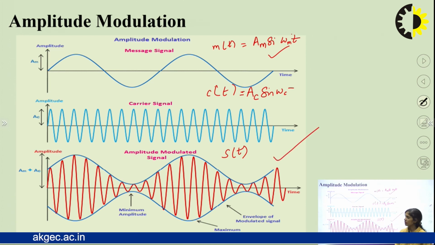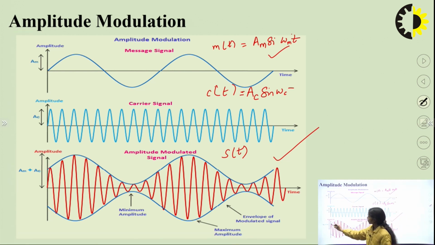Here we can see the message signal as the blue line. This message signal is contained over the carrier.